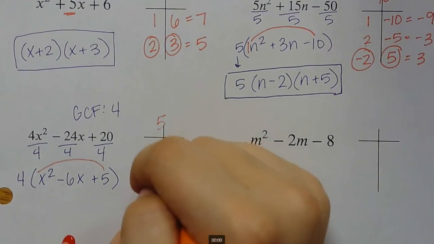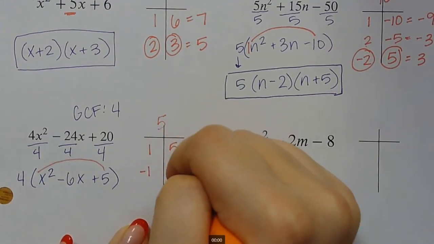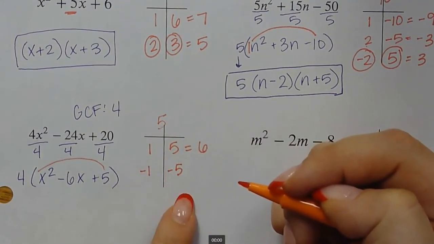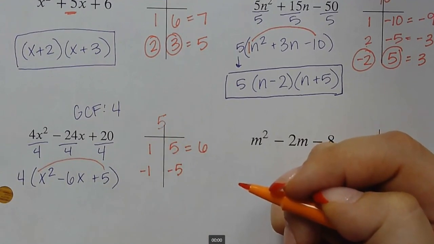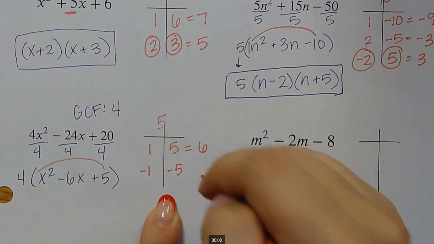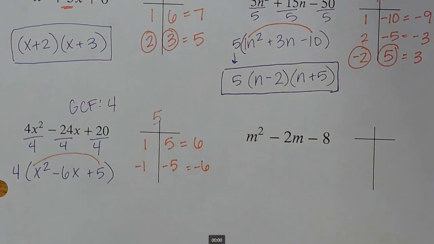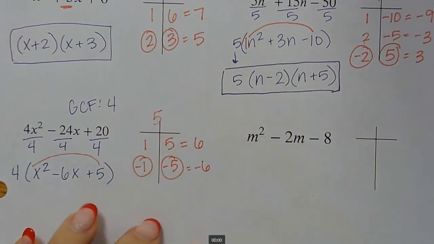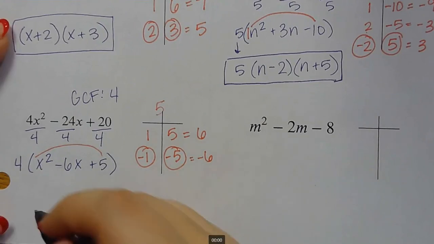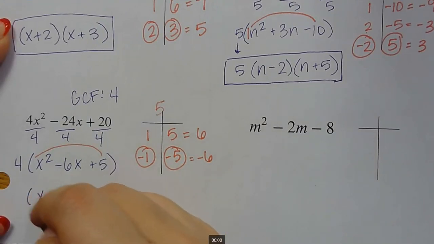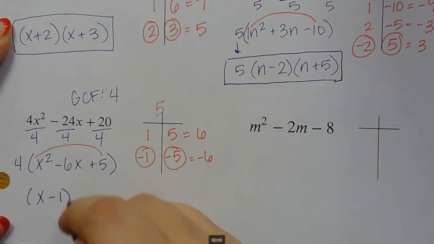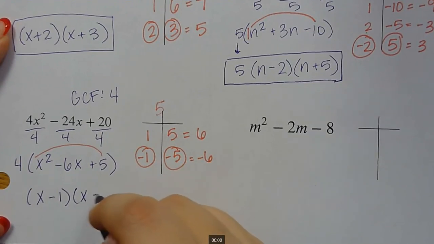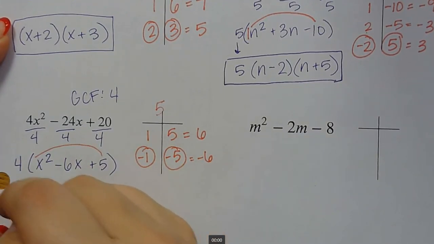Yeah, make these both negative. Do -1 and -5. Two negatives multiplied together still give you a positive, right? But -1 plus -5 is equal to -6. So these are my two factors. So when I write this, I would have x minus 1 times x minus 5. And I bring a 4 out front.